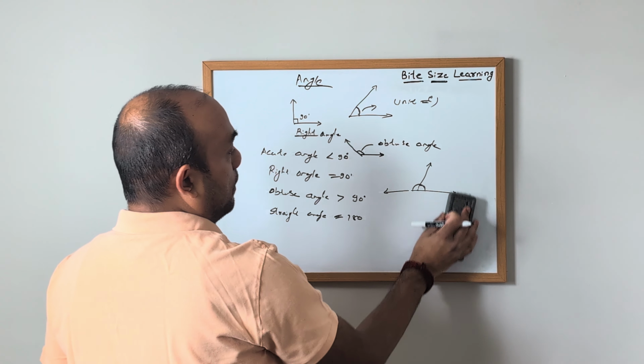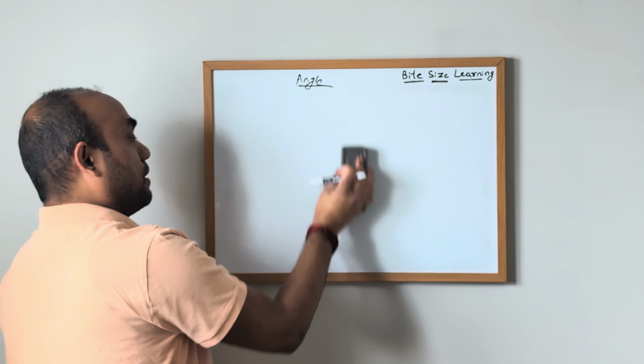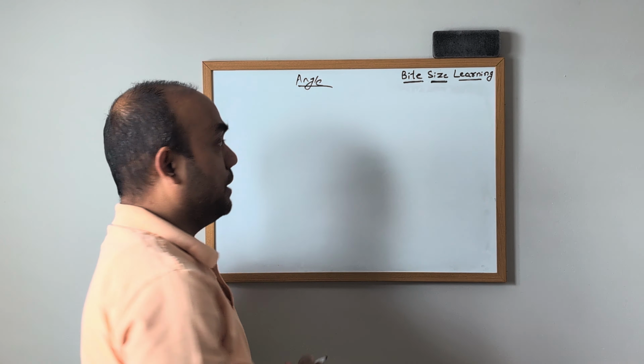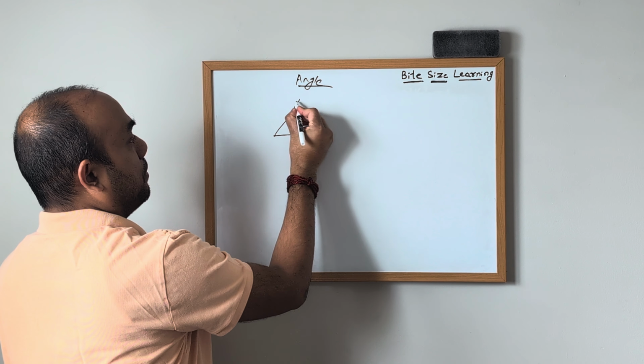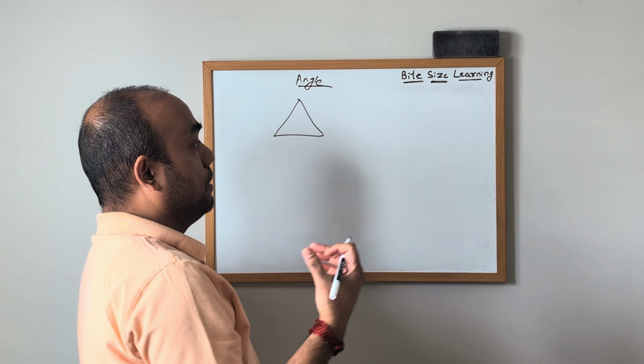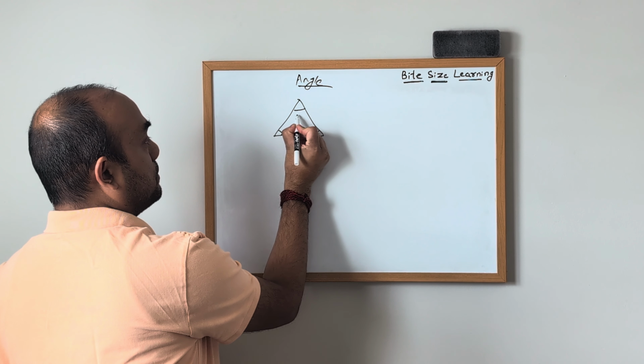Now let's try to understand angles in terms of figures like triangle, square, rectangle, and others, right? So let's say you have a triangle. One thing to note about a triangle is the sum of all its angles.